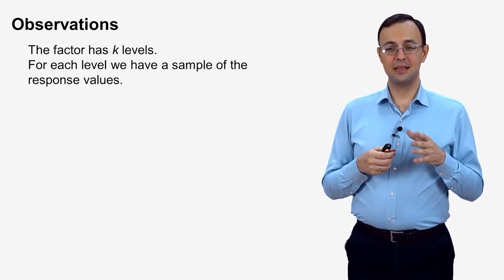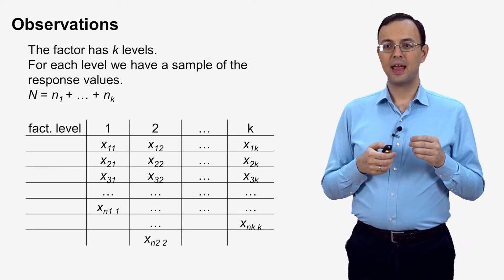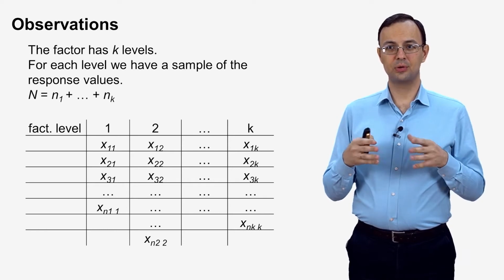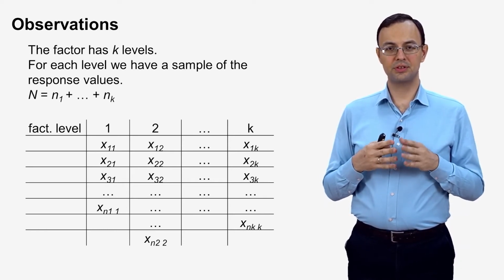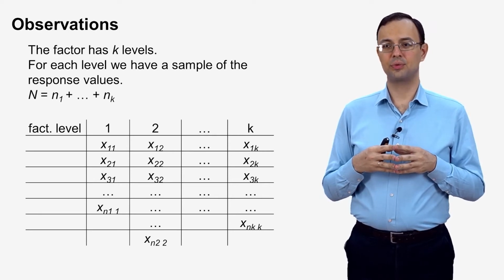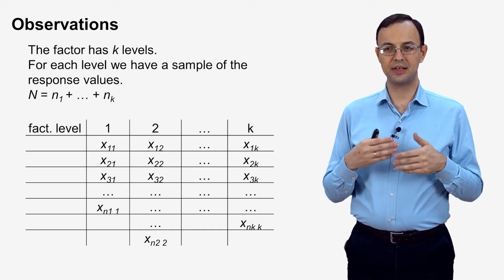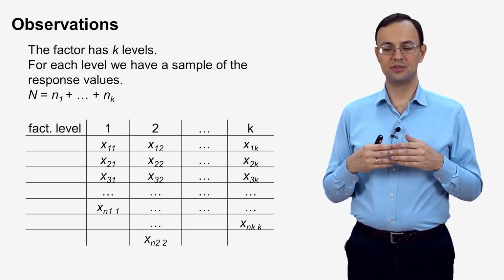Let's say that K is the number of factor levels, and let's say that we present our observations in a form of a table where columns correspond to the factor levels. So the first column is the sample that corresponds to the first level of the factor, second column corresponds to the second level, and so on.